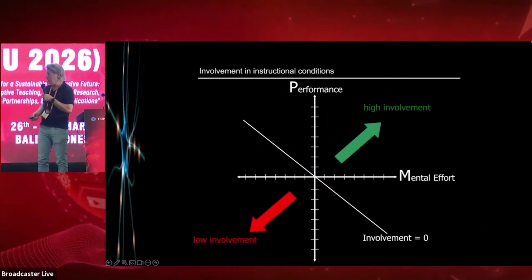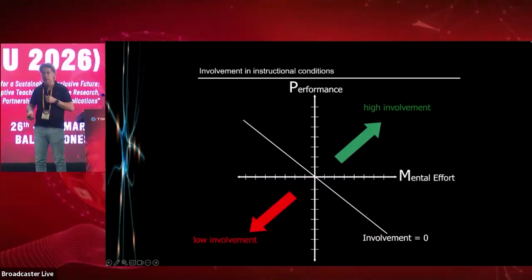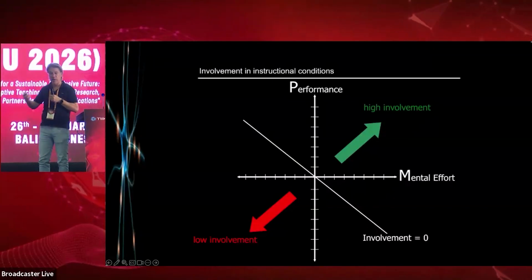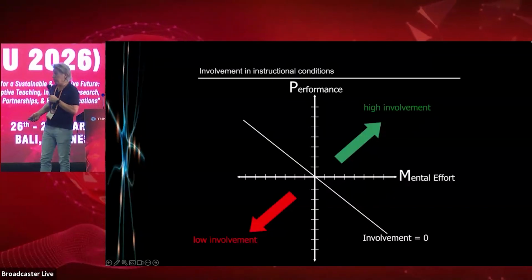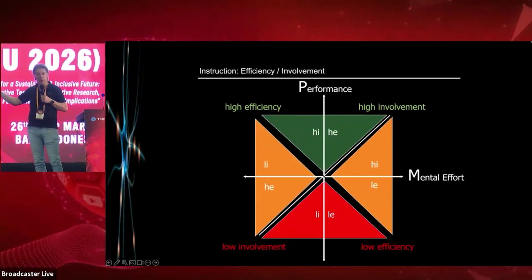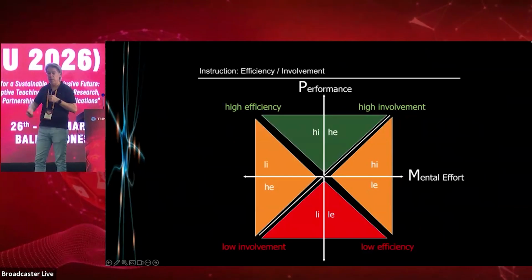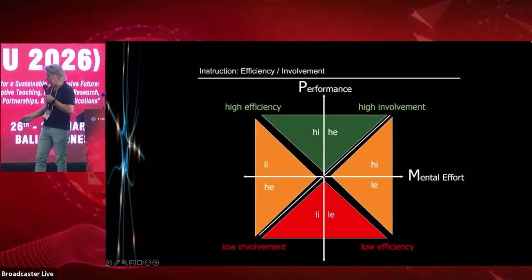On the other hand, if you have low performance with low mental effort, like we just saw, that means that the motivation is low, and you can adjust the examples that you present to the learner based on that. So based on that, you can categorize learning tasks into this scheme and respond to them in your adaptive learning system.